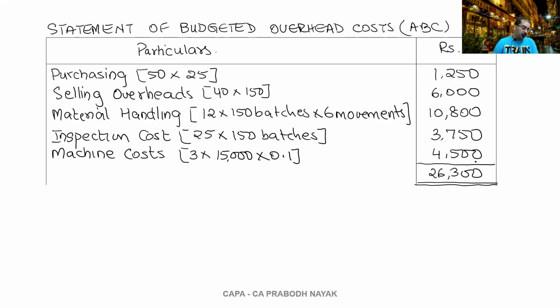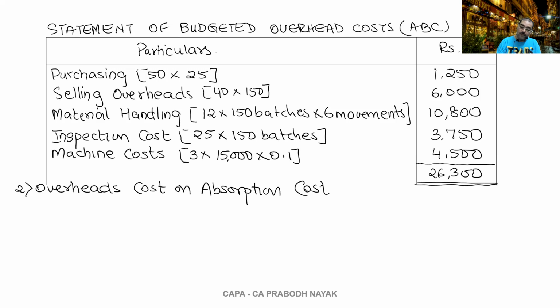Now we'll calculate the overhead cost on the basis of absorption costing. So write overheads cost on absorption costing basis, sometimes you also call it traditional costing basis, in brackets machine hour.